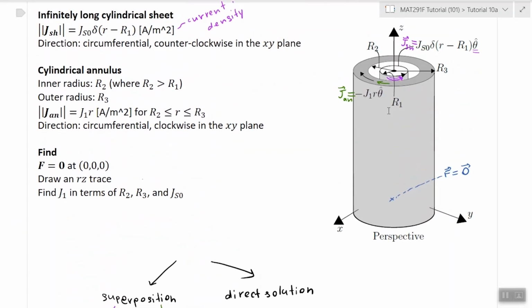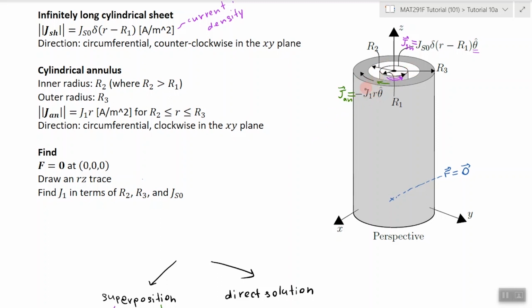Superposition works no matter what kind of objects these are, as long as each individual object has a symmetry, you're good. Now, in this case, actually, these two objects have the same kind of symmetry. So the overall problem has a symmetry because the current is going in a circumferential direction for both of these objects. It's producing the field that's in the z direction for both of these objects.